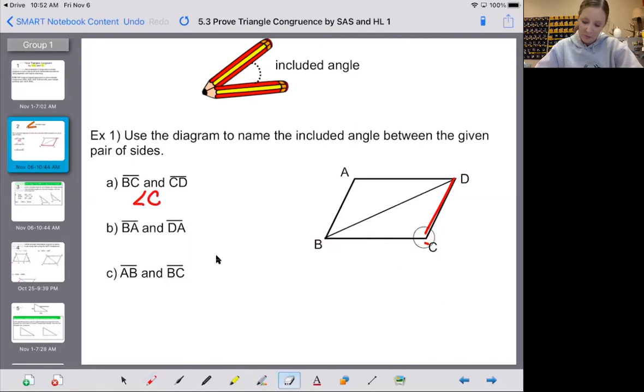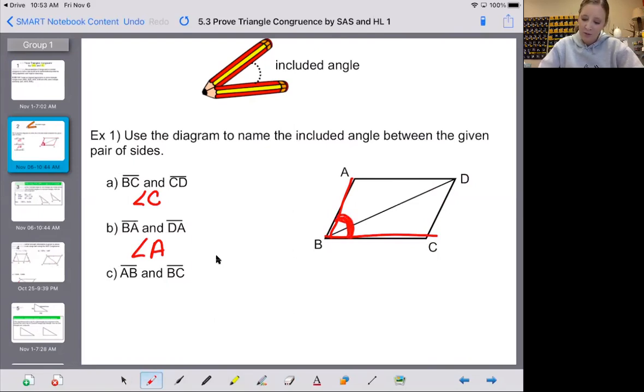All right, let's do the next one. Segment BA and segment DA. So of course the angle in between those, or the included angle, is angle A. All right, next we have segment AB and segment BC. And so in this case, of course, we're looking at this larger angle here. Now I cannot say angle B, right?